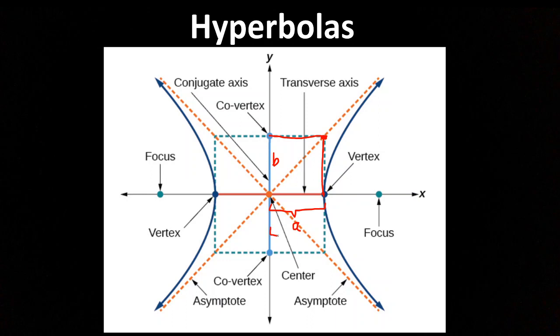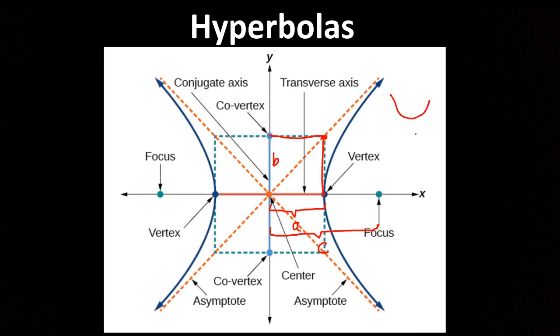And the distance from the center to focus is called C, just like ellipse. The only difference is that C here is always greater than A, because C is over here and then A is over here. So C is always bigger than A.